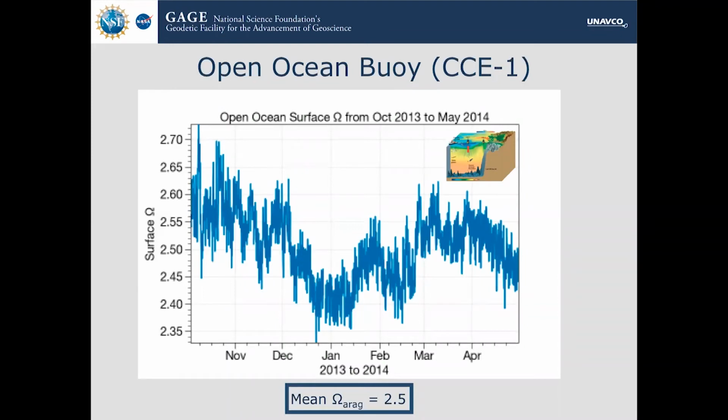And here, the values range from 2.3 to 2.75, and the mean surface aragonite saturation state was 2.5. So this is considered supersaturated, and this is pretty good, actually. And so, as you can see, the values don't really vary very much within the open ocean buoy.